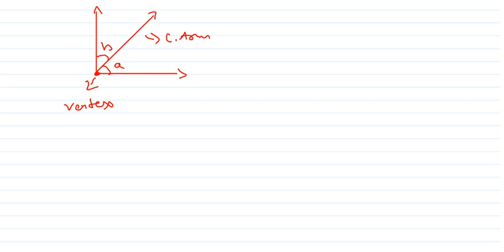Next one, the fourth type, that is linear pair.